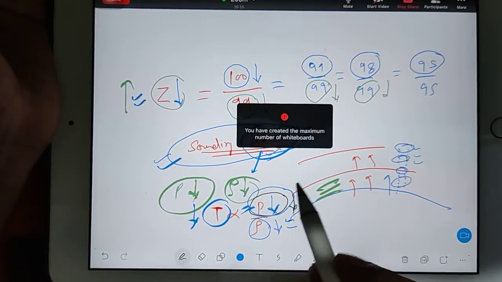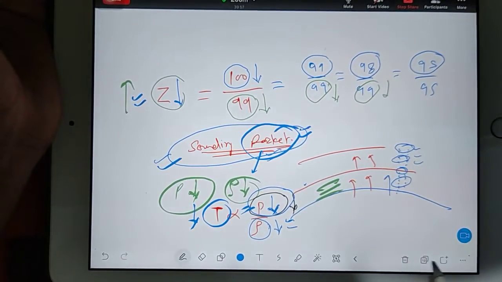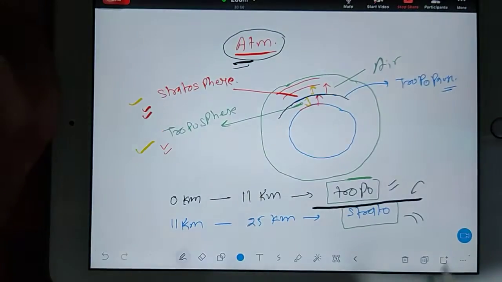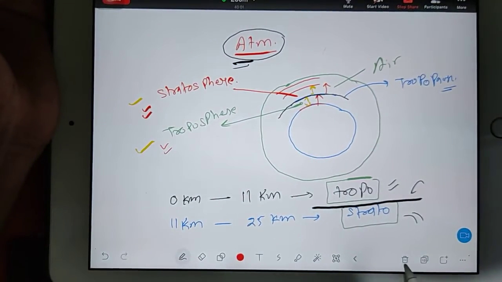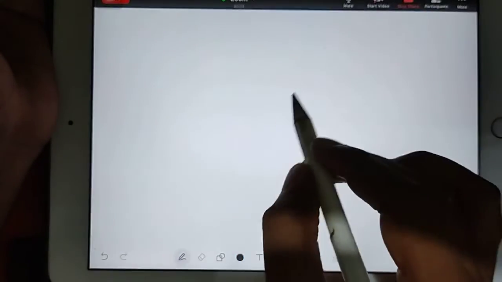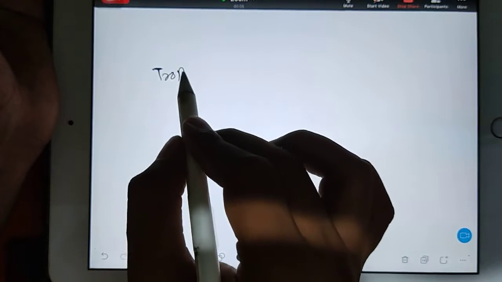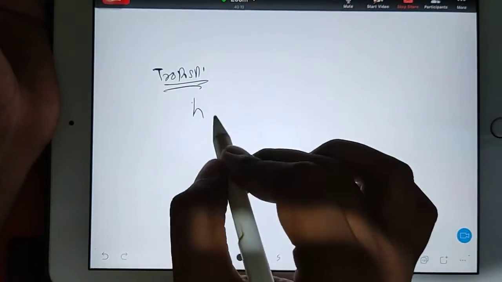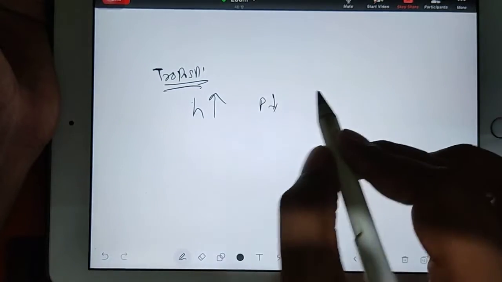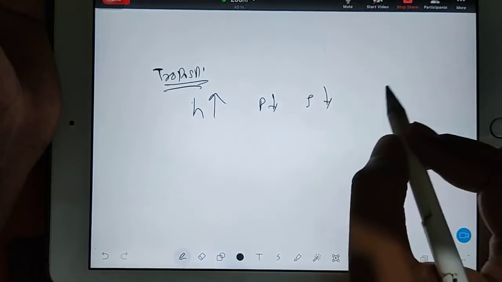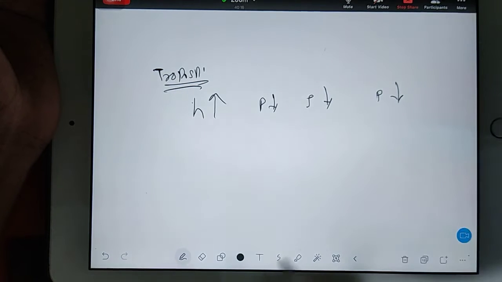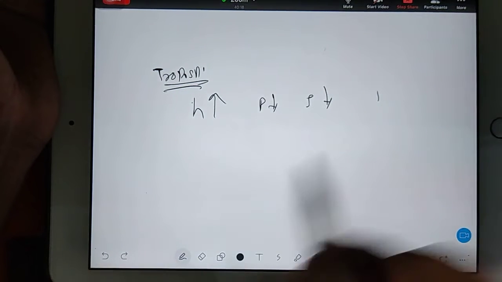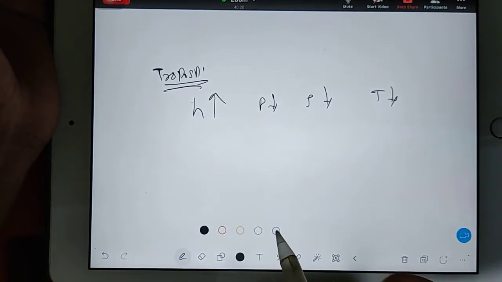So from here you got the result, and your result is: in troposphere, when you go up, your pressure decreases, your density also decreases, and temperature also decreases. Why is temperature decreasing?